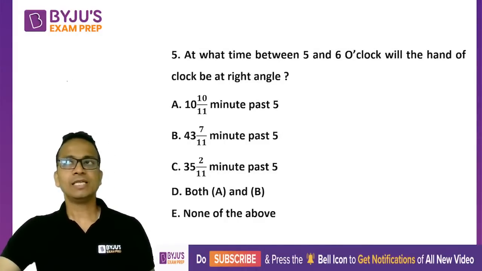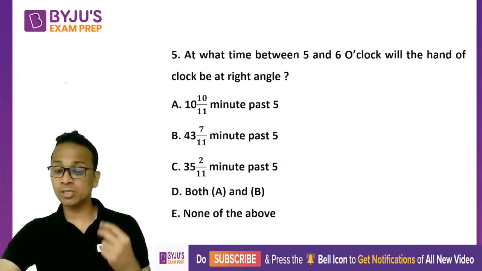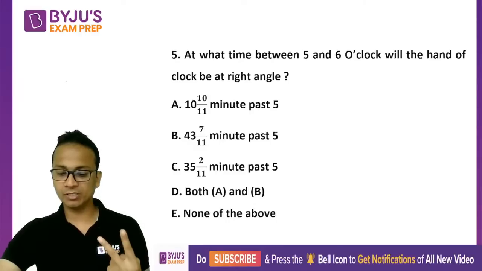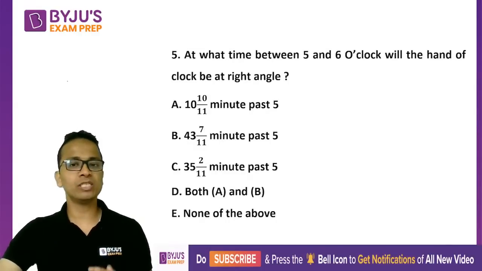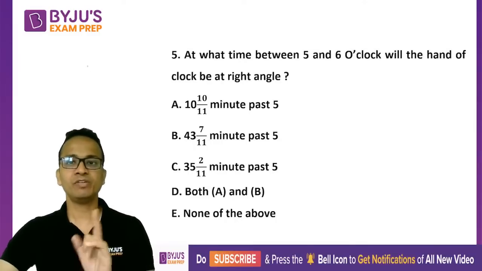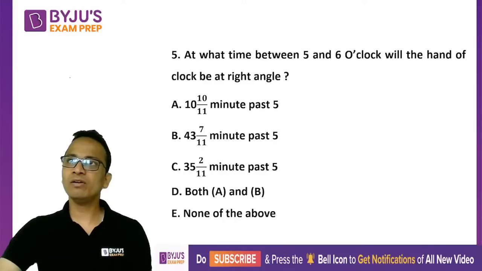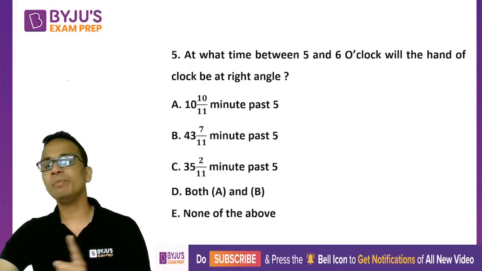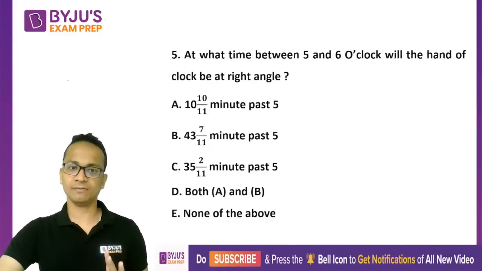Now I have told you earlier that in general, this happens twice. This happens twice in general between 5 and 6 o'clock. So one way will be minute hand before the hour hand and the other will be minute hand after the hour hand.